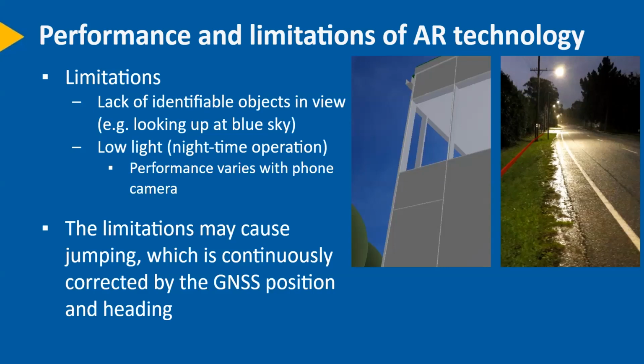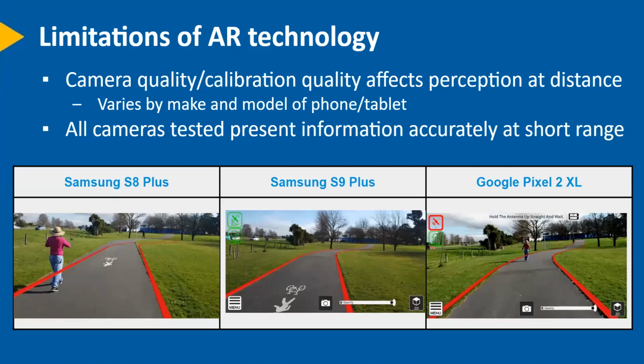And the providers, something like Trimble Sight Vision, try to do their best to orient the data, even with the absence of some of these features, using the GNSS position as well as heading, as long as you're moving, and it allows the data to continuously be redrawn appropriately. So working together, these things make the augmented reality solution and experience much better.